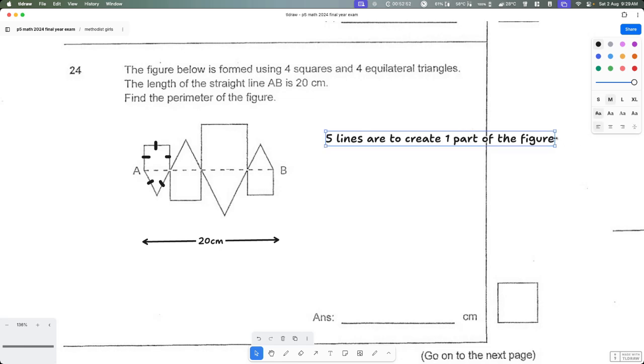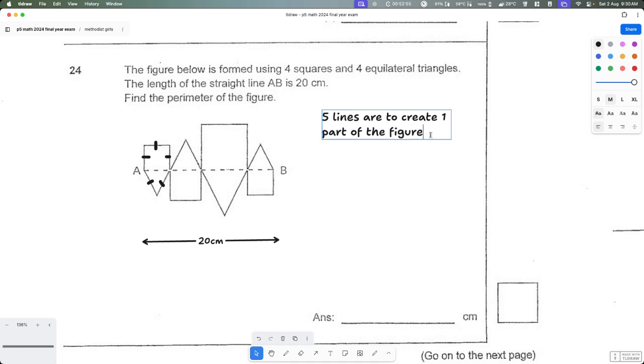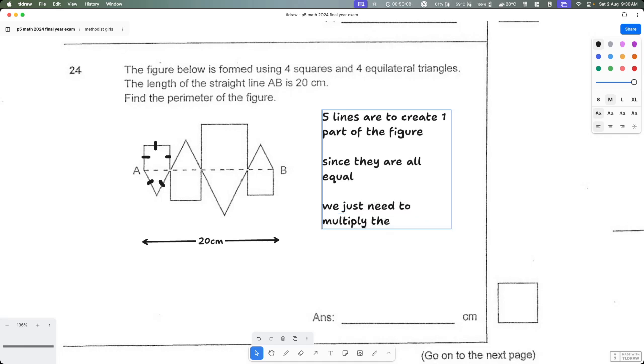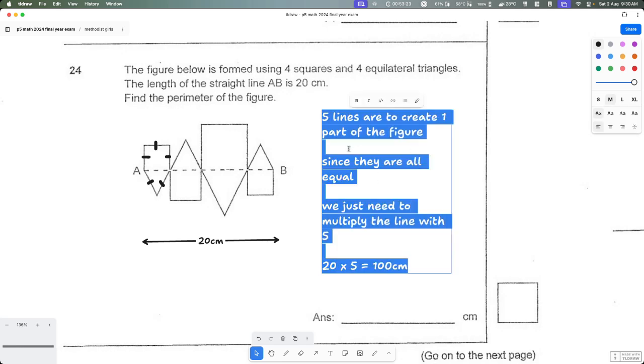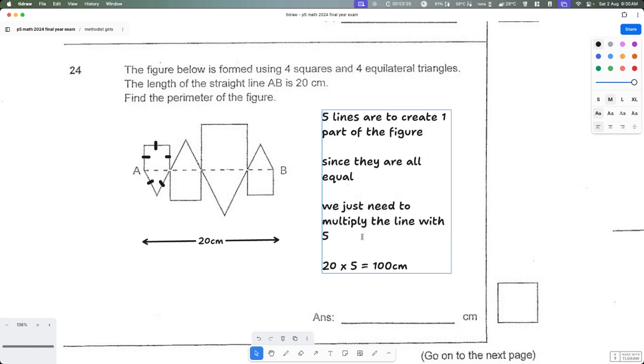So that means since they are all equal, we just need to multiply the line with 5. So the answer is actually 20 times 5, which is equal to 100 centimeters. Okay, that's it. And the answer is actually 100.